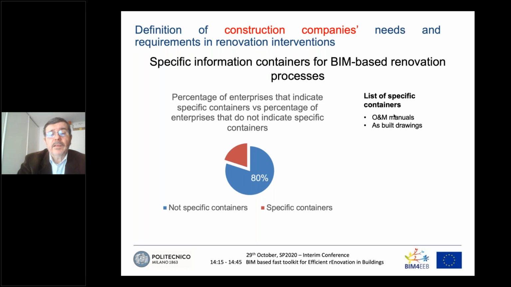On the other side, a focus has been on the information containers, which are considered important at the level of the construction companies, and operating and maintenance manuals and SB drawings, which are very important from the point of view of construction companies.